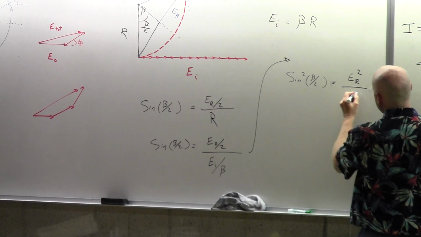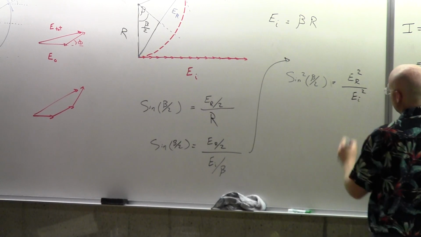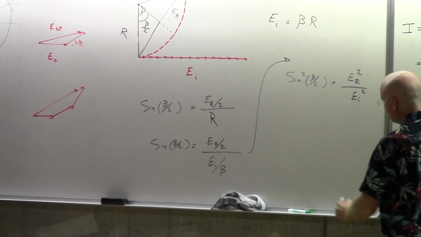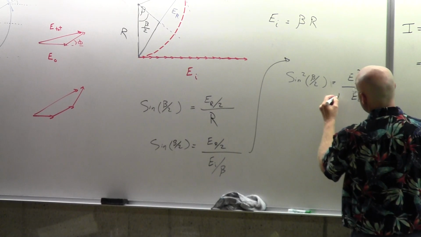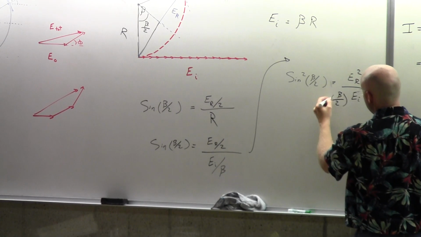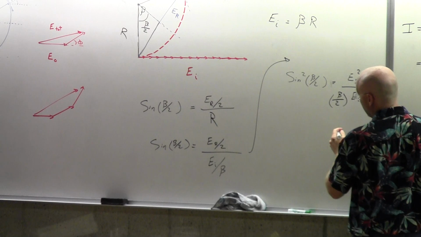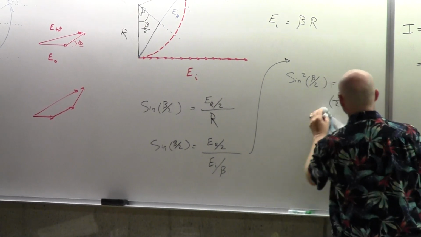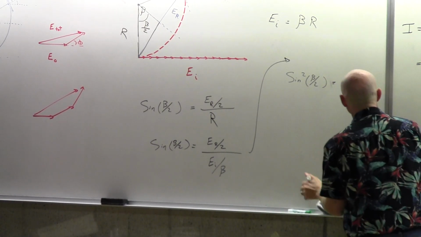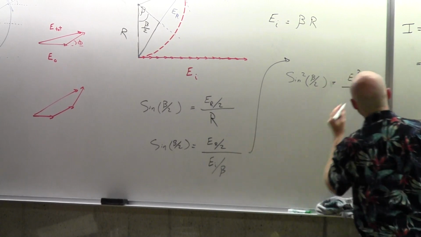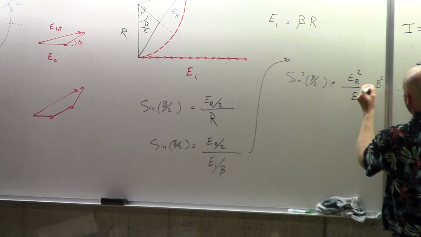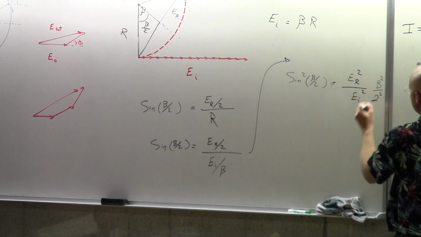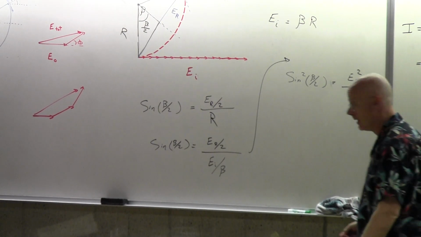I get E naught squared. I also get, if I can write it this way, by putting the beta on top squared and the 2 on the bottom squared, right?